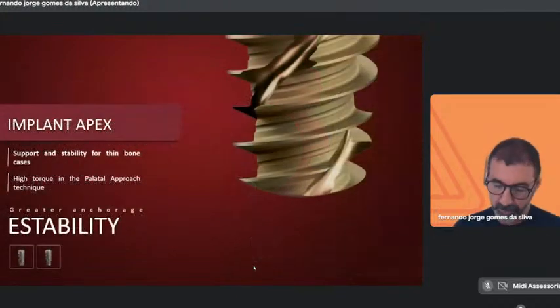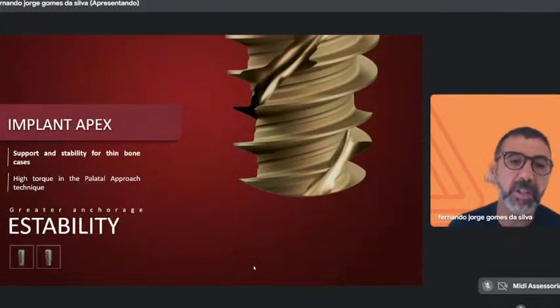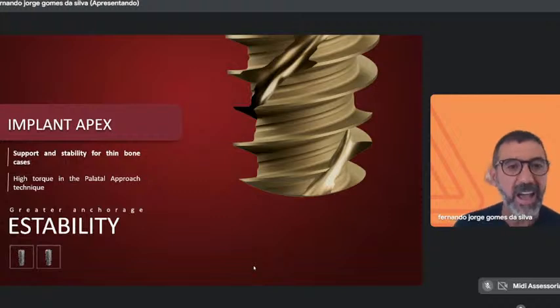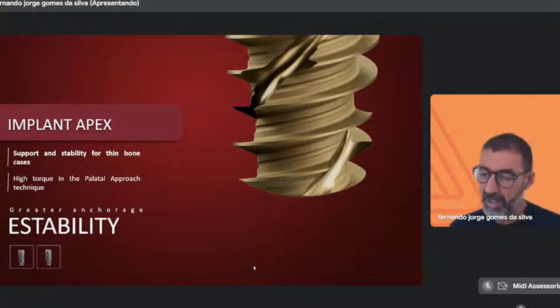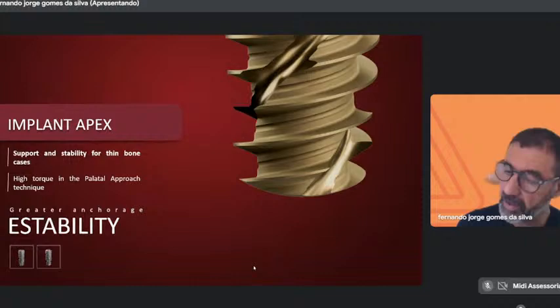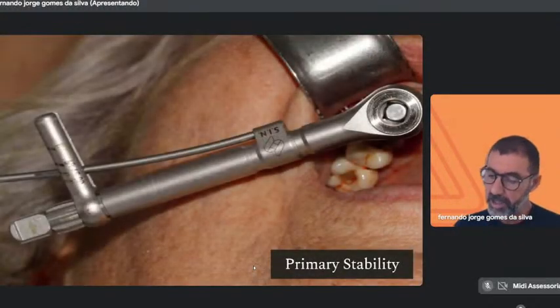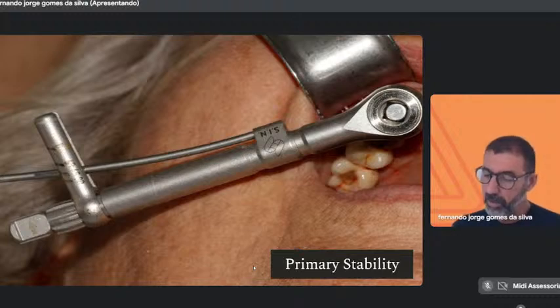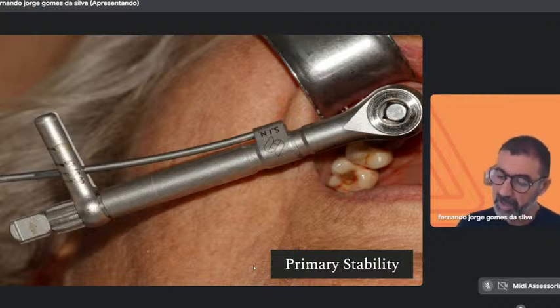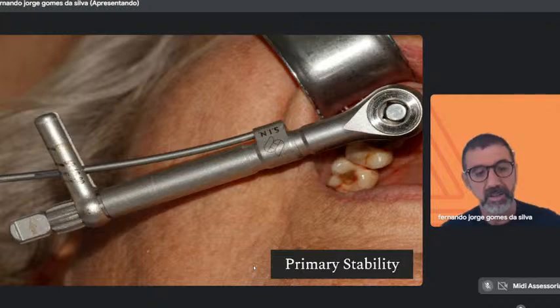The apex promotes support and stability for thin bone cases, high torque in the palatal approach technique, and gives more stability. And this is the image of what we can achieve with this kind of implant, this premium line. This is a perfect value of primary stability.